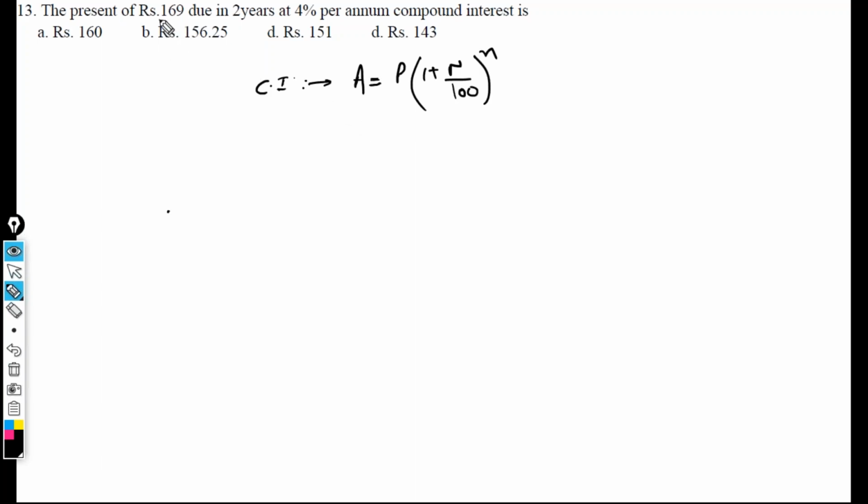Here he says the present value of rupees 169 due in 2 years. So I have to pay rupees 169 after 2 years at 4% per annum compound interest. So the amount which I am supposed to pay is the amount, and the present value of the same is going to be P, and we just need to simplify it, put the values here.